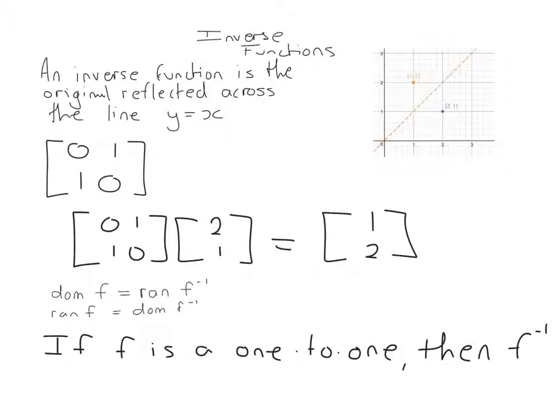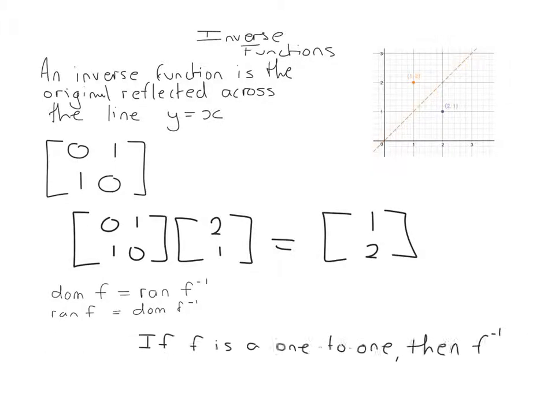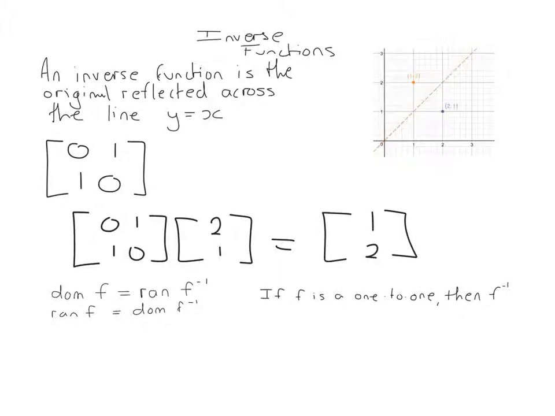If it's not a 1 to 1, we can't find the inverse. And sorry about having to resize there. But you must remember that if the original function is a 1 to 1, then the inverse is possible. If it's not a 1 to 1, you cannot find the inverse.